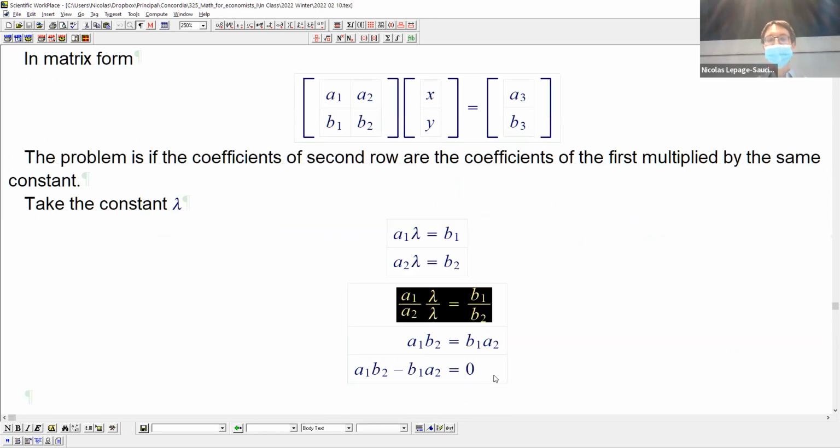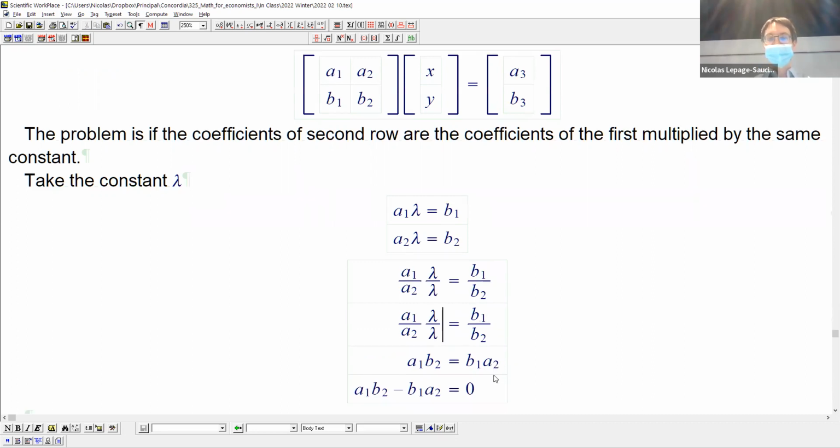And by the way, it would be the same if I said something like A1 over B1 equals A2 over B2. So that would be the same problem. Here I could just as well multiply these by some fraction and get these, for instance. So the problem really is the link between those two. If they are proportional, then we're in trouble. And so we can essentially obtain this expression there.